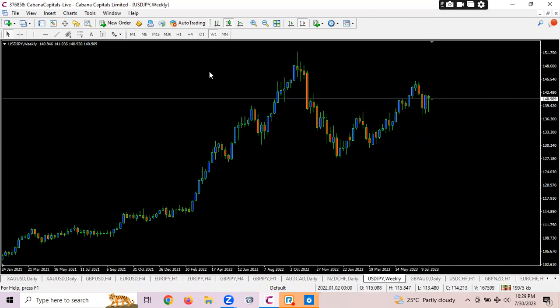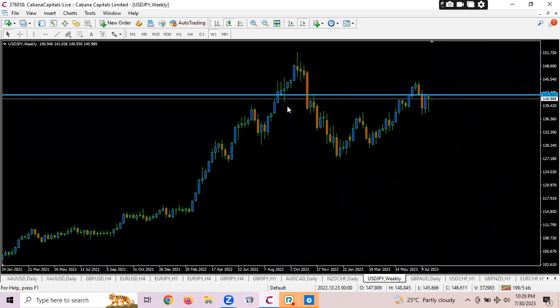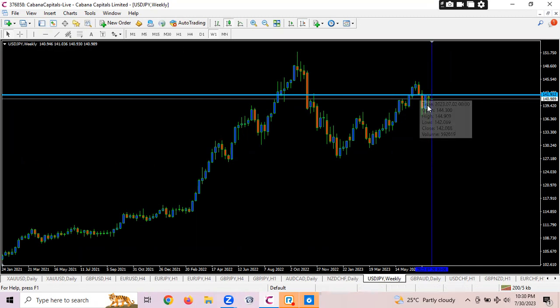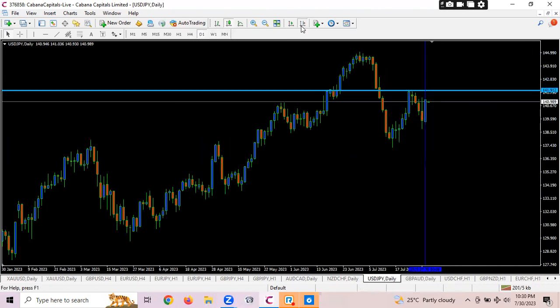Okay, so this was a resistance. Okay, so let's go down to a lower time frame, and this is a hanging man, right? This is a hanging man. Let's go to the daily and see what we had on the daily. Okay.